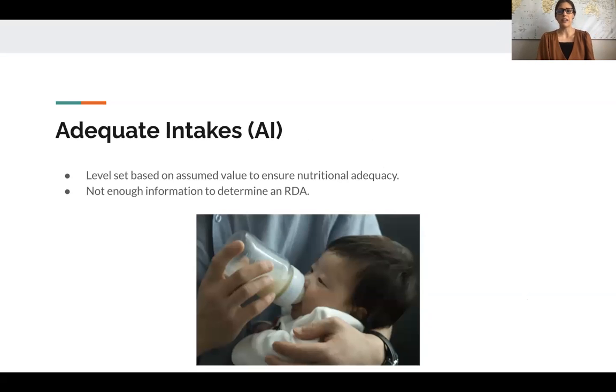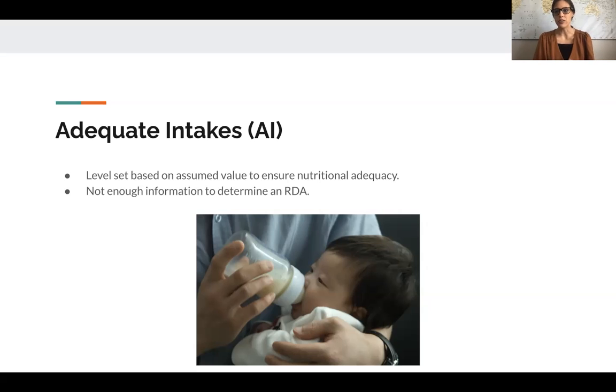For instance, when it comes to newborns or babies, we don't really know what the exact figures are as far as vitamin and other mineral nutrient needs. So because of this, we then set an adequate intake based on breast milk.